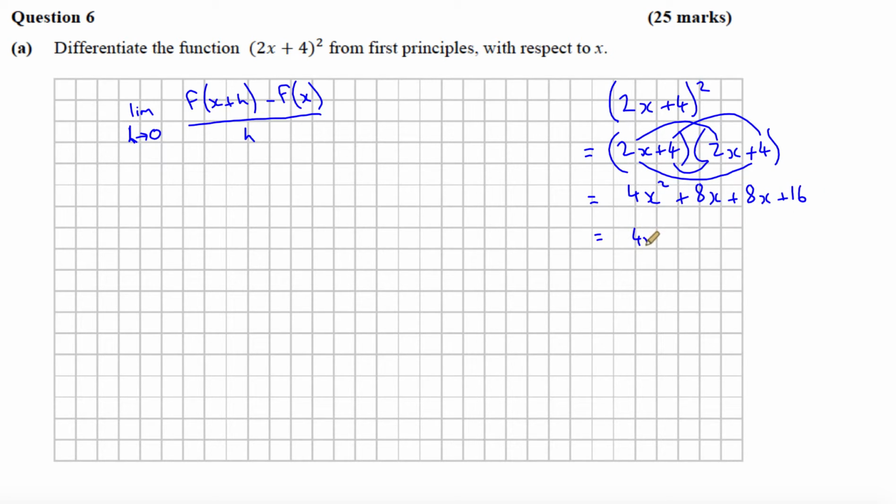So that's 4x squared plus 16x plus 16. So that's my function.